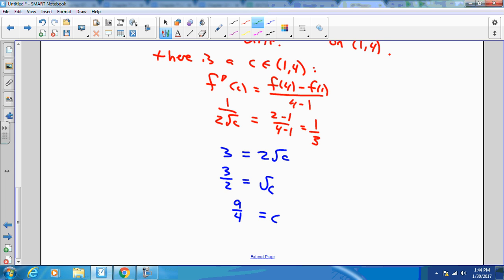And how did that help her? Well, because the position of her car is continuous, she can't teleport. And it is also differentiable. She has a speed at any given time, even if it's 0. Therefore, it satisfies the conditions of the mean value theorem.